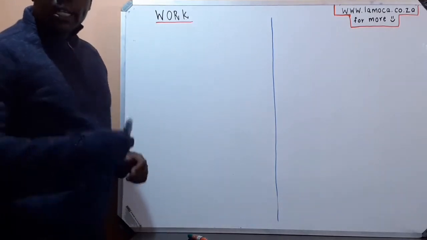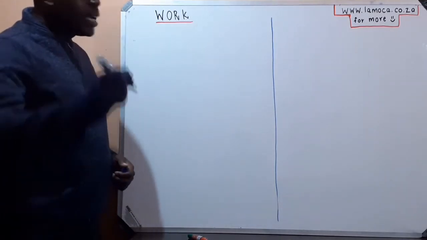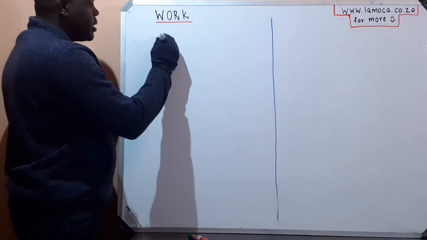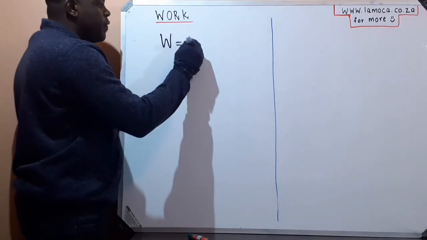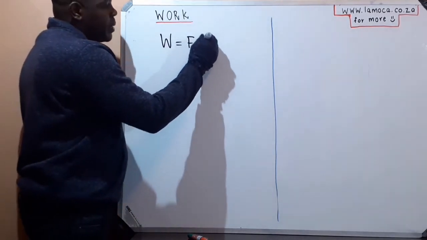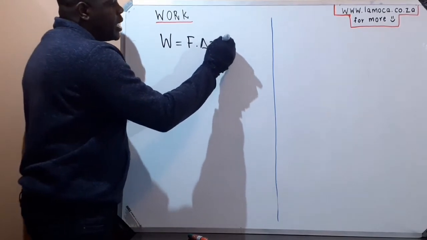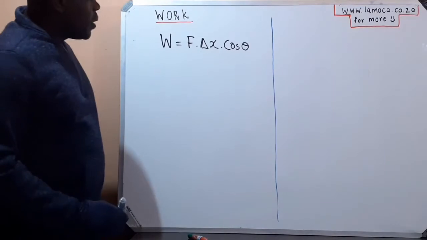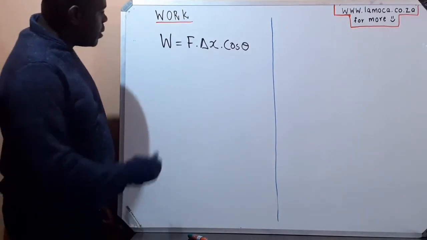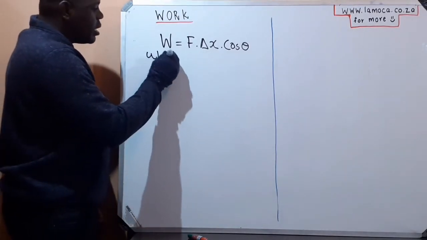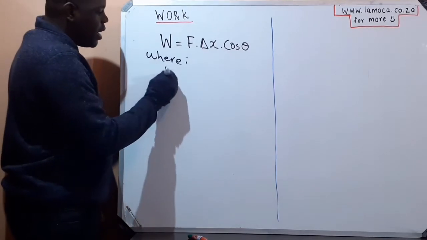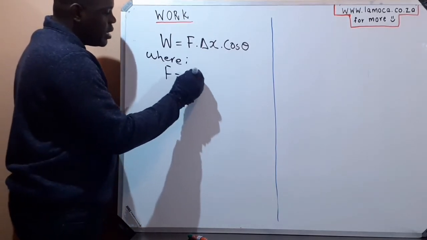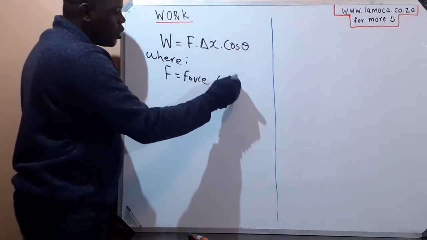So in physics, we are saying work is the transfer of energy into and out of a system. But what is work mathematically? Work mathematically is defined as the product of the force of interest multiplied by the displacement of the object times cos of theta. Now let's break it down, where we can say our F is the force of interest, which is measured in newtons.